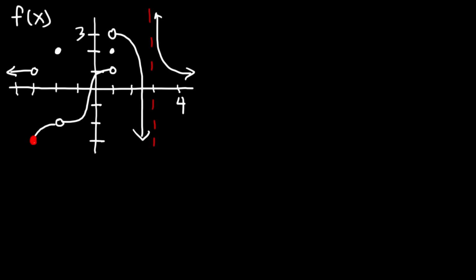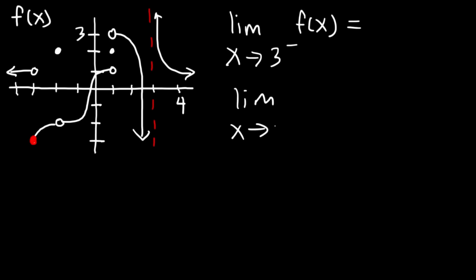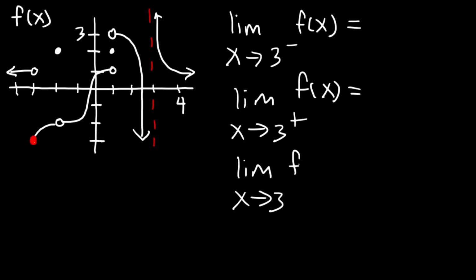Now here's the last set of problems like this. What is the limit as x approaches positive 3 from the left side and from the right side, and from either side, and then find the function value at 3.